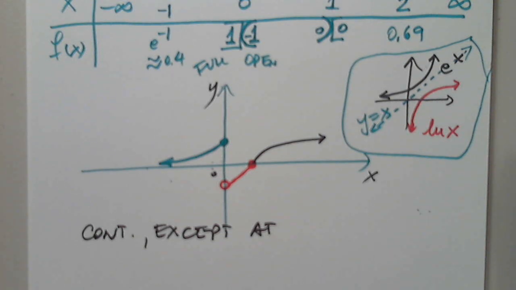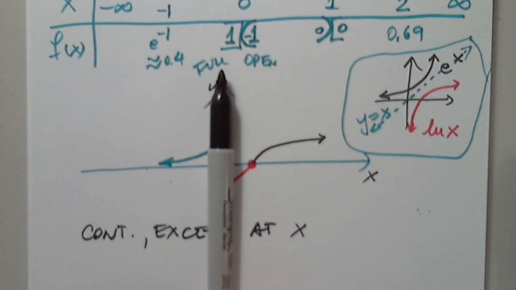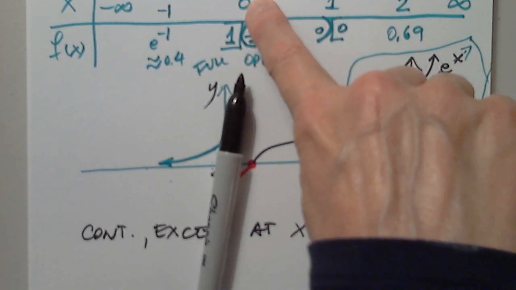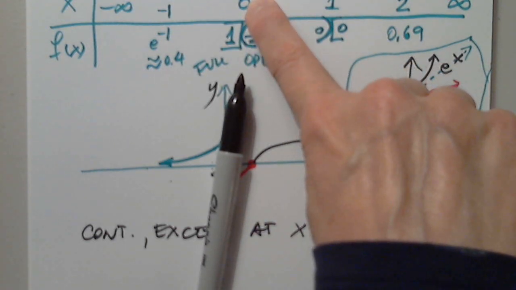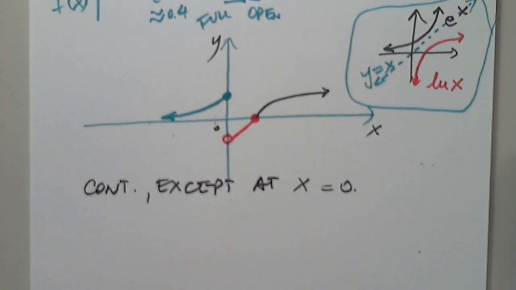It's okay if you're wrong. At x equals 1, there's a... At x equals? At x equals 0. Sorry, x equals 0, sorry. No worries. Good.